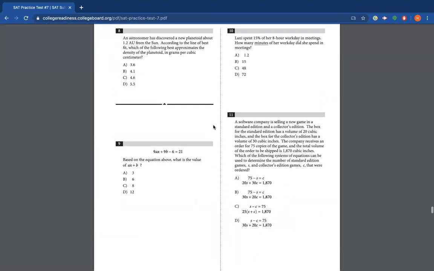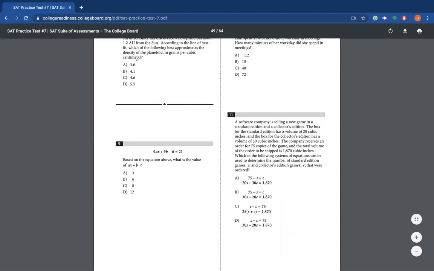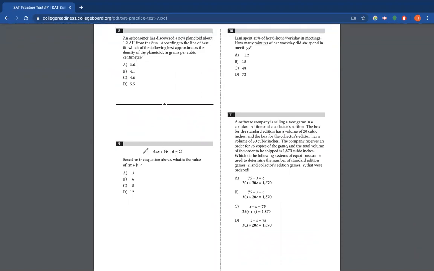Number 9. In the equation above, what is the value of ax plus b? So we could factor out the 9s, right? We see 9 here, 9 here. Let's try factoring out these 9s. Factoring out the 9s gives us 9 times ax plus b minus 6 equals 21.